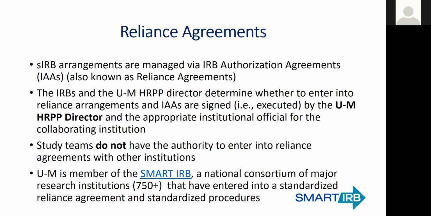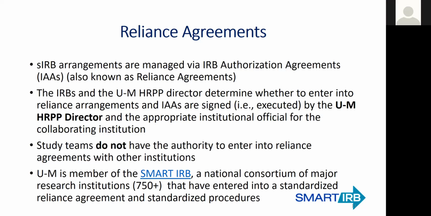So in our case, it's the Human Research Protection Program Director that is the one that, as a representative of the institutional official, who is Rebecca Cunningham, has the authority to enter into these agreements with other institutions. The study teams don't have that authority to enter into an agreement. So these are institution to institution agreements that we work with our investigators to establish.